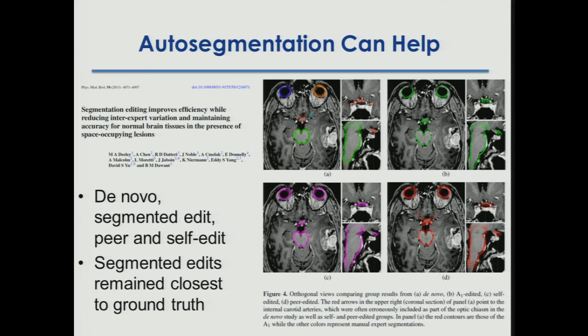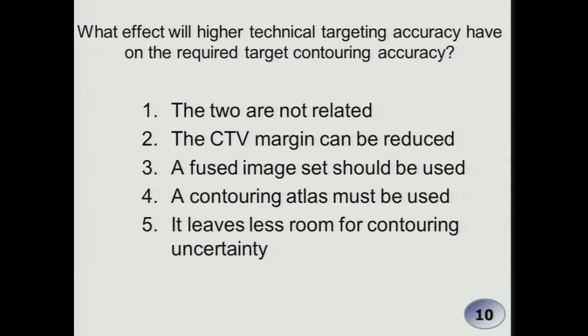And what was actually amazing is that if physicians started out with already segmented contours and edited those contours based on their clinical judgment, their contours agreed much better with each other than if the physicians just started with a blank slate. So this is an area we need to explore more to improve our accuracy in stereotactic radiosurgery.